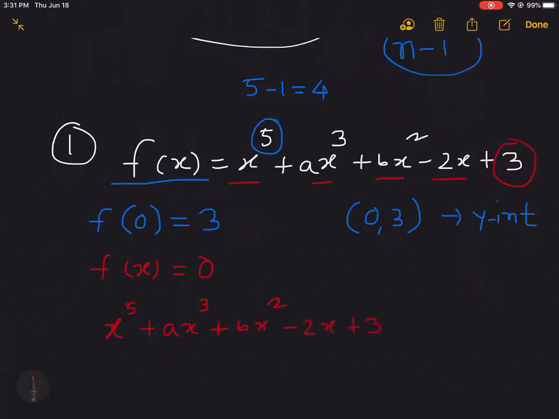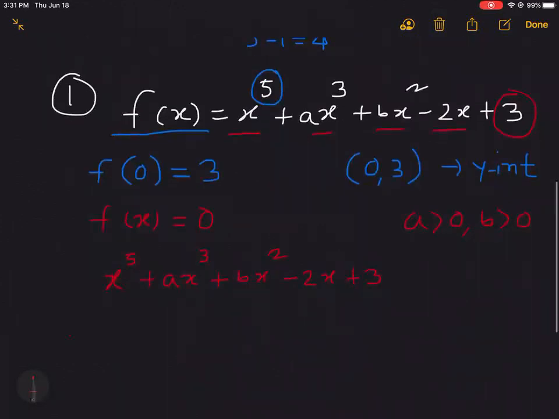And for our convenience, we'll consider a and b to be greater than 0. So what we'll do is remove this, or consider that it's not here, just to find the x-intercept easily.